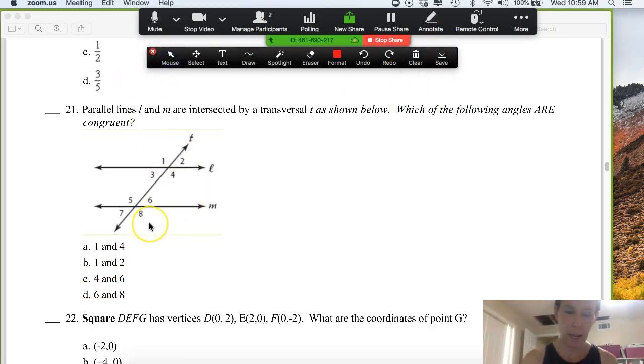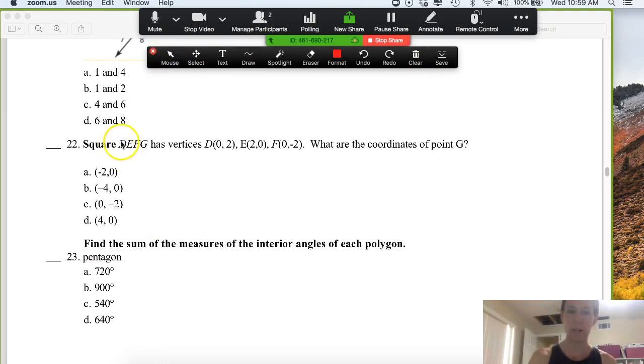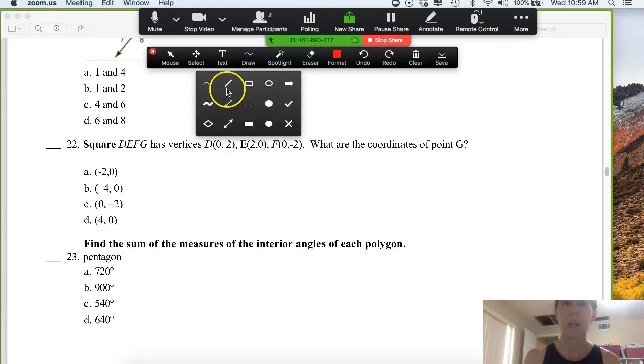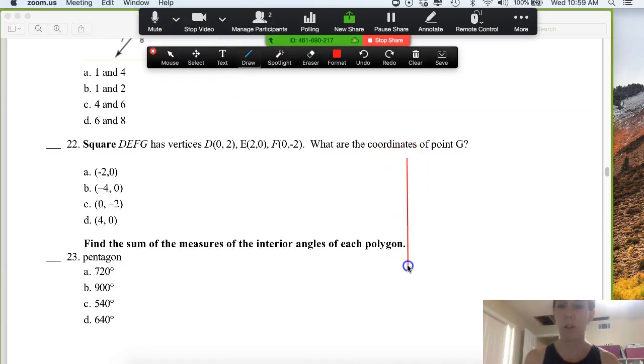All right. Let's go ahead and look at square DEFG, which has these vertices. What are the coordinates of point G? Sometimes it's best just to draw yourself a little picture so you can see it. So you go 0 up 2, there's D, over 2, 0, there's E, 0, negative 2, there's F. What's G going to be if it is a square?